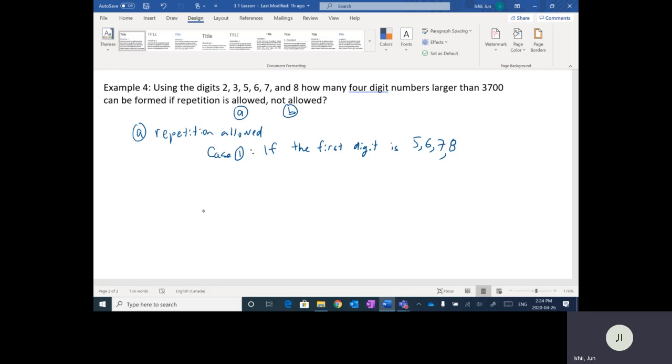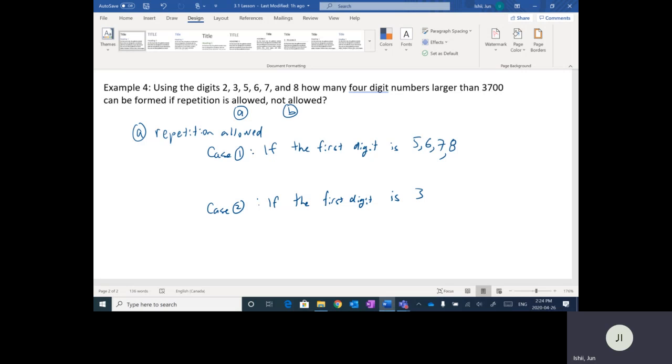The second case is if the first digit is 3. Now what you'll notice is the first digit can't be 2. The reason it can't be 2 is that then obviously it's not going to be larger than 3,700.